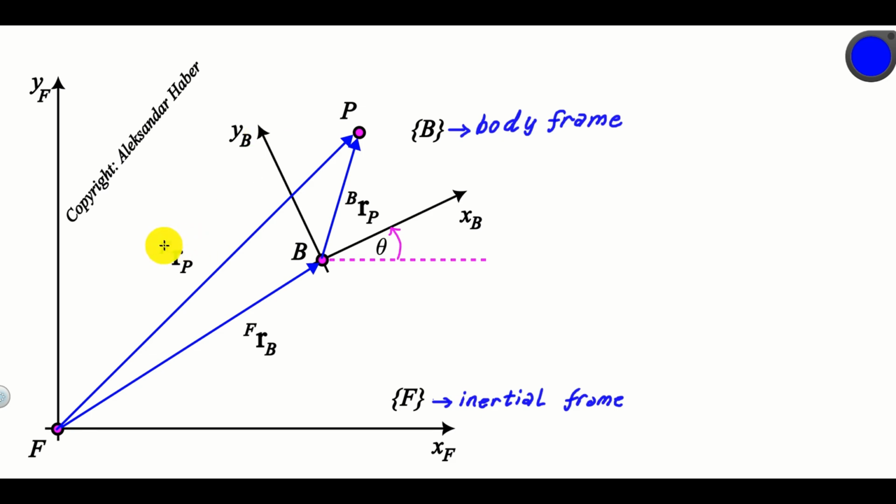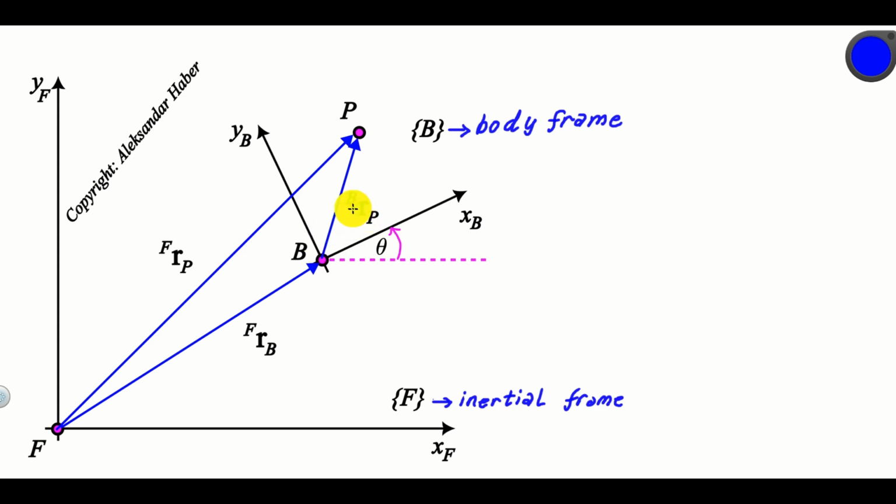This vector here, RPF, is the distance from the point F, that is the origin of the frame F, to the point P. The projections of this vector will be expressed in the frame F. The vector RBF is the distance from the point F, or the origin of the frame F, to the point B, or the origin of the frame B. The projections of this vector are expressed in the frame F. Then we have this vector RPB.